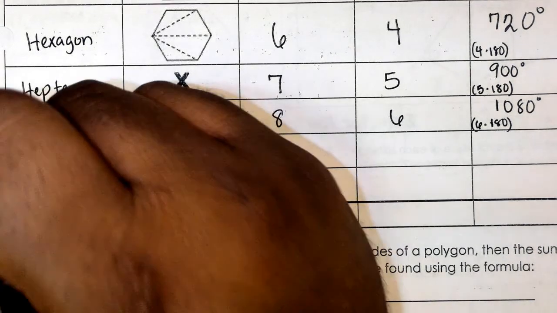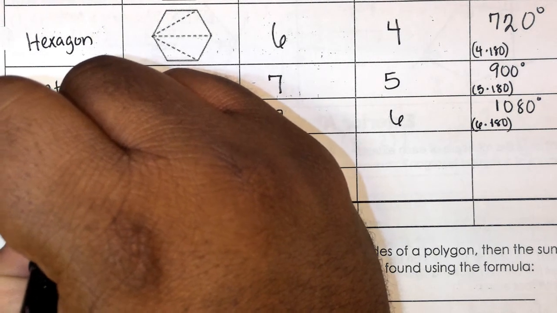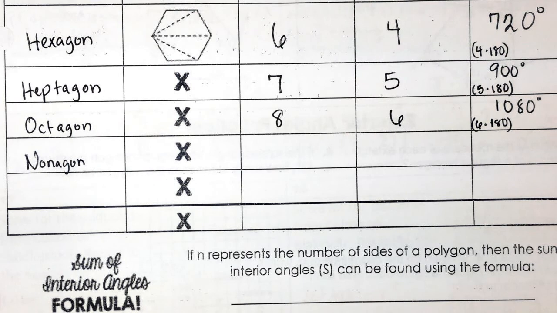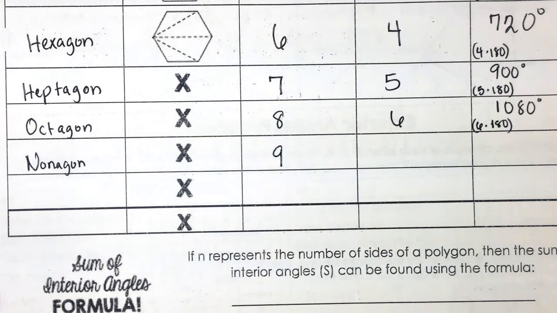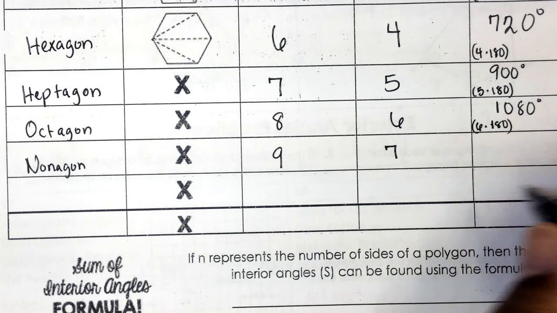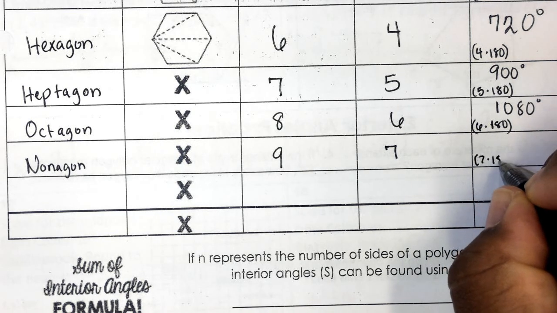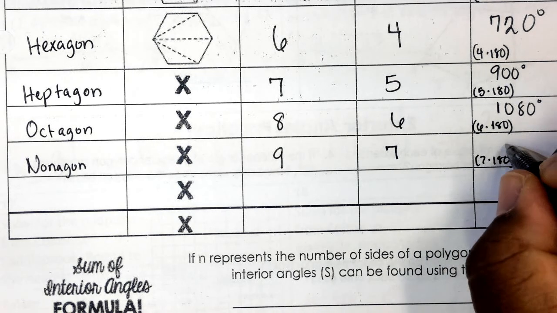Next one, nonagon. 9. 7 triangles can be created. 7 times 180, 1260.